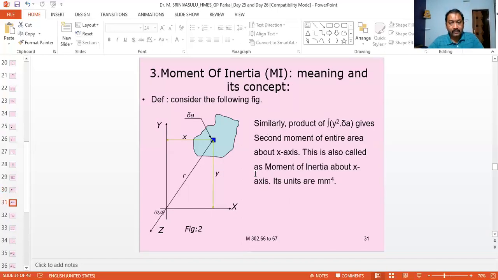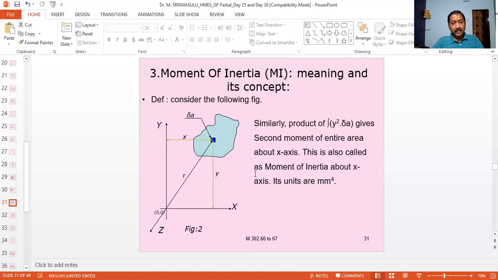Now, if it is multiplied by the distance y again, it is called the second moment of area. So the integration of y square into dA is called the second moment of the total area about the x-axis, and this is called the moment of inertia about the x-axis.